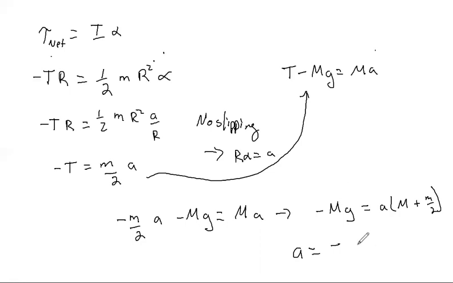Well, maybe not. Just push through. I'll check in a minute. So that's simply going to be big M times G over big M plus little m over 2.